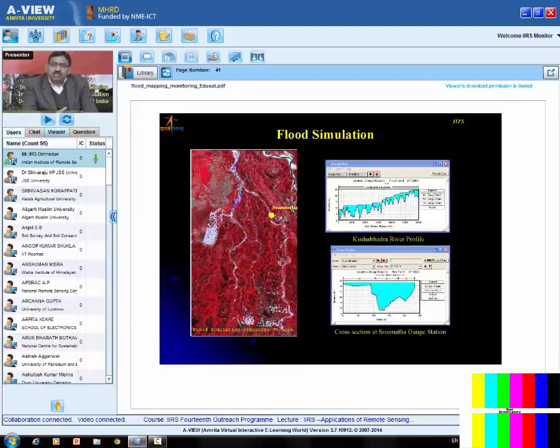There are different models. A lot of remote sensing and GIS inputs are required, and this will give a lot of information. For example, many of you must have heard in the news that the flow in the Yamuna river in Delhi will cross the danger line tomorrow at 4 o'clock. How are these engineers calculating?